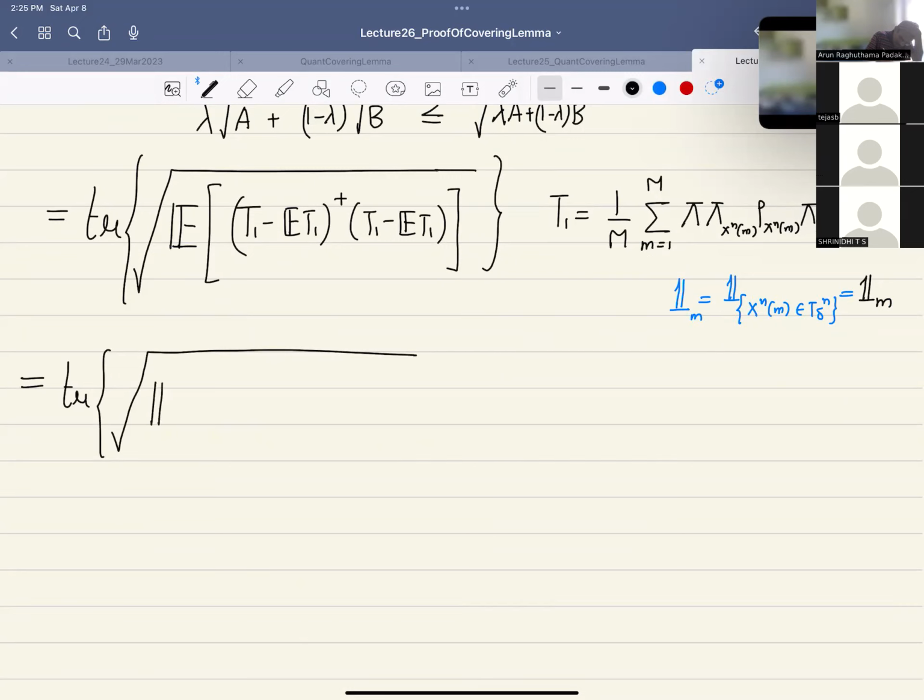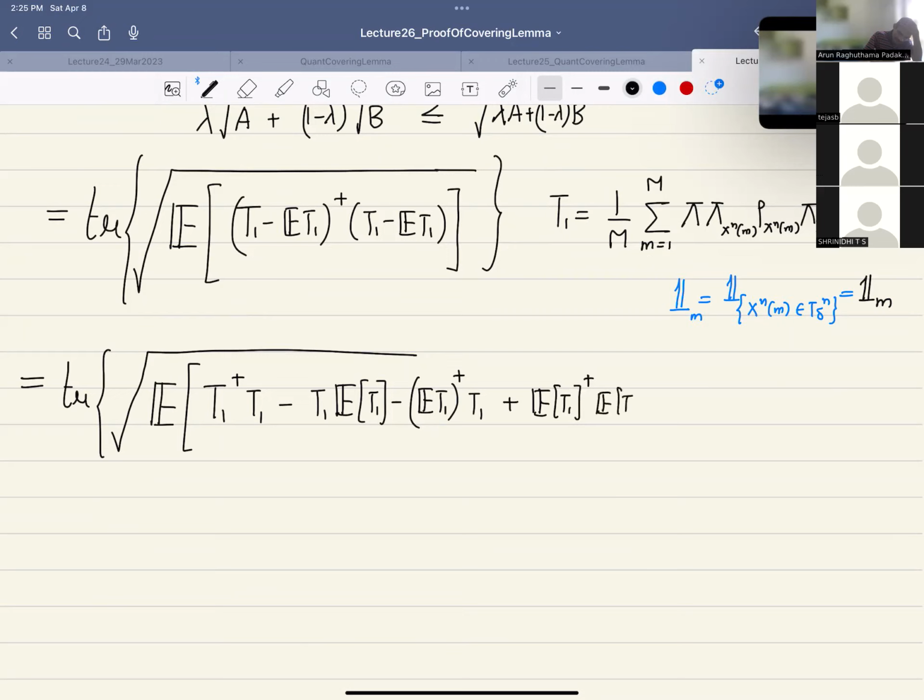So I can say the expected value of T1 dagger T1 minus T1 dagger times expected value of T1, minus expected value of T1 whole dagger times T1, plus expected value of T1 dagger times expected value of T1. Okay.